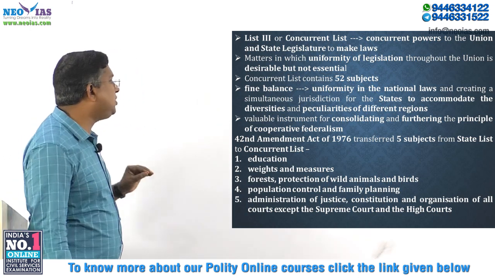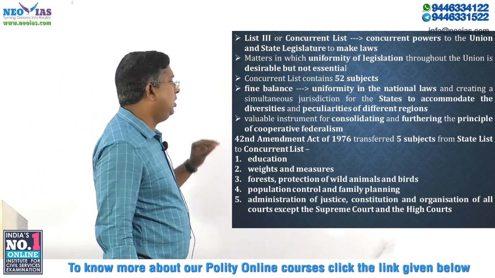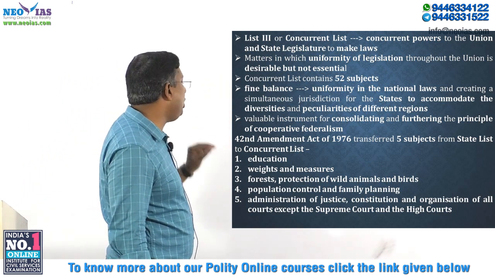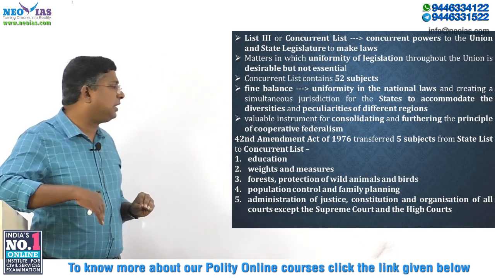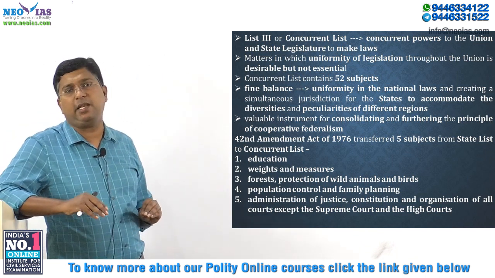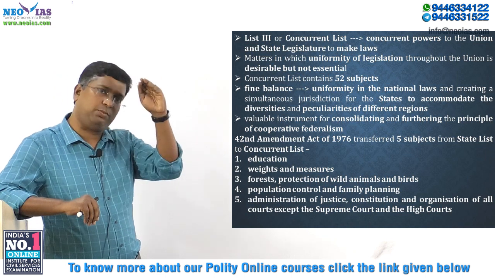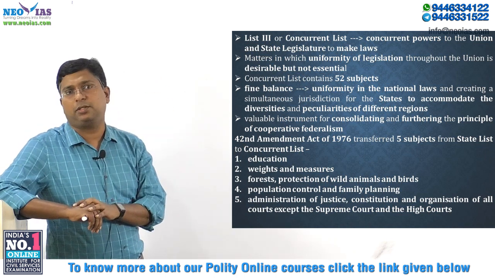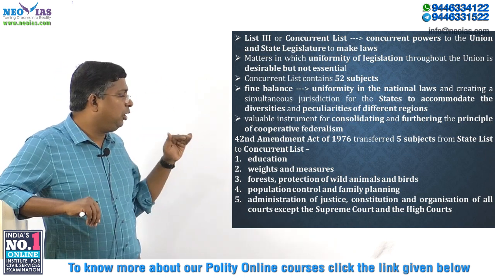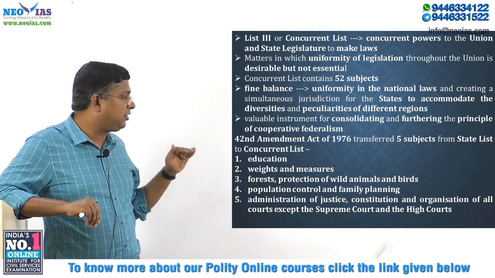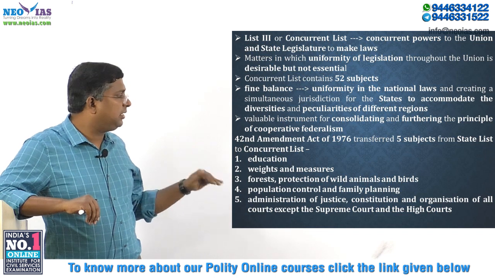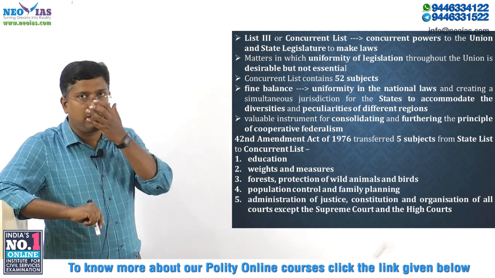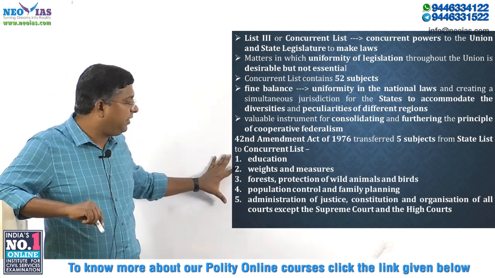And finally, administration of justice, constitution and organization of all courts except the Supreme Court and the High Courts. Any courts other than the Supreme Court and High Court, mainly district courts and subordinate courts, their administration, constitution and organization, everything comes under the concurrent list. So these are the 5 items.